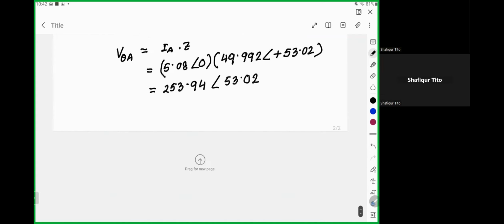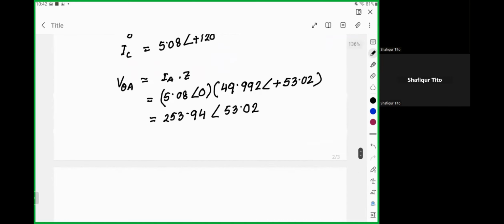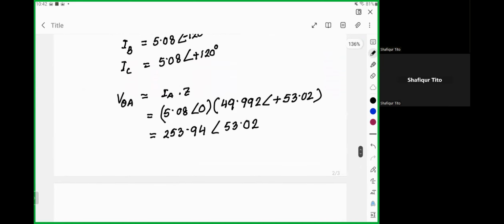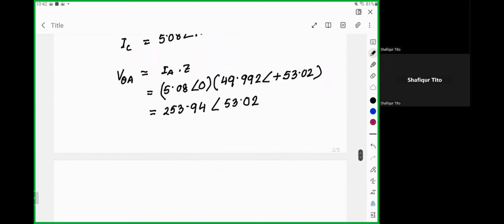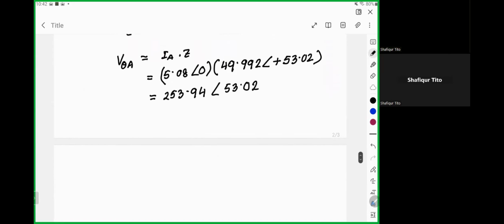Now we need to find out, similarly, we can do this calculation for each of the phases, or we can just add 120 degree with this one. So V theta B will be, I know this will be the same value, 253.94.